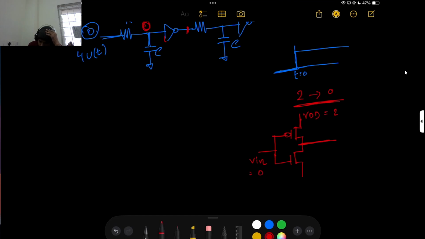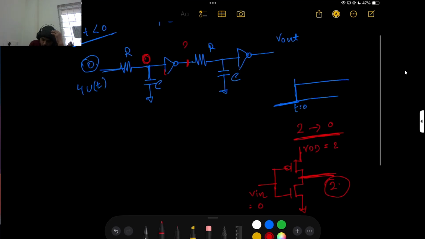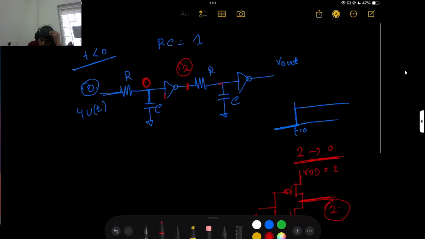If your V in equals 0, then this will be on. Then the V out of this, call it V out 1, is 2 volt. If it is 2 volt, then the capacitor charges to 2 volt, so here also 2 volt, and then here it is 0 volt.